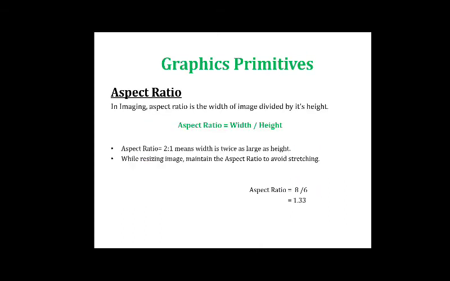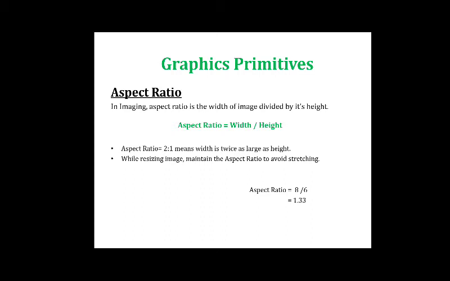The next is aspect ratio. This is again a very important part. Why are we using this aspect ratio? In imaging or image processing, aspect ratio is nothing but the width of that image divided by its height.